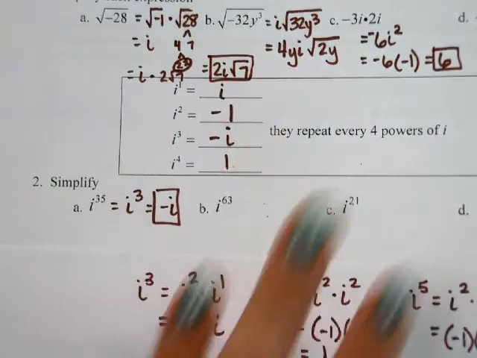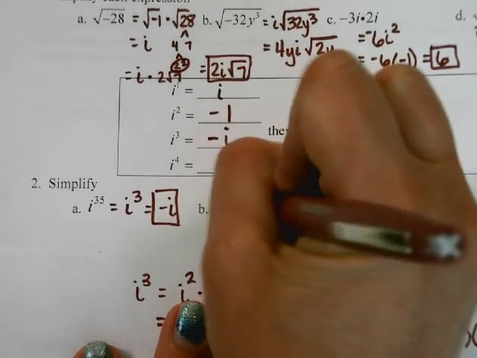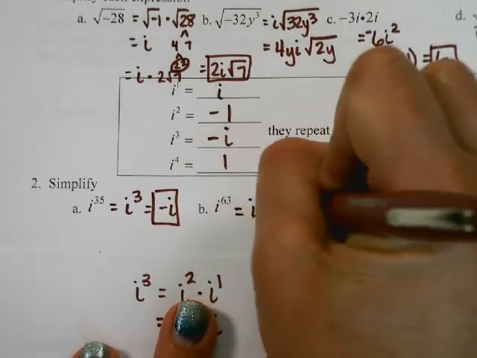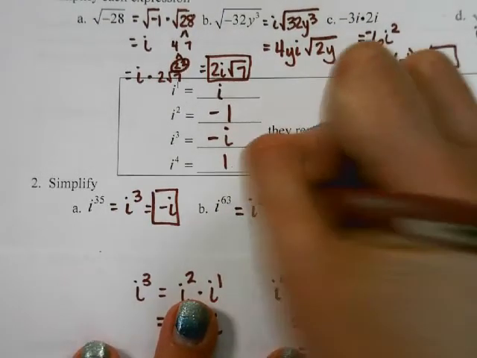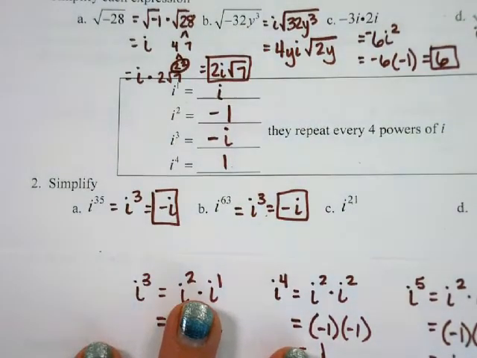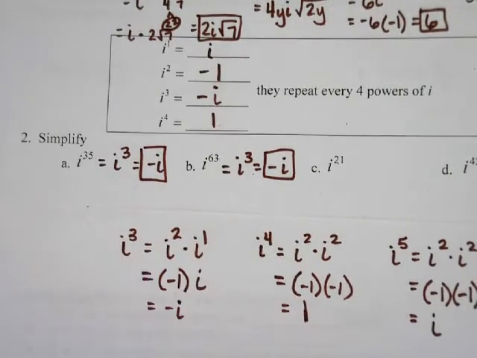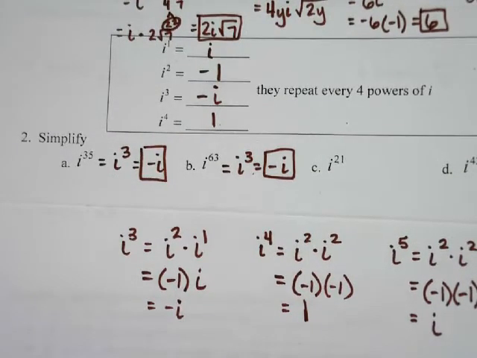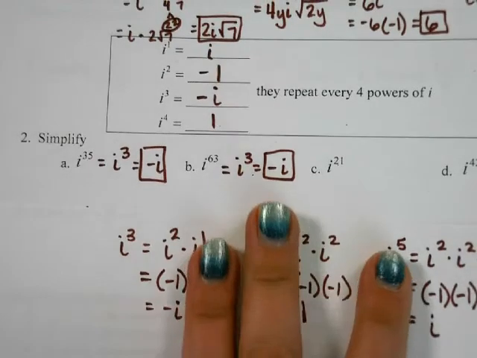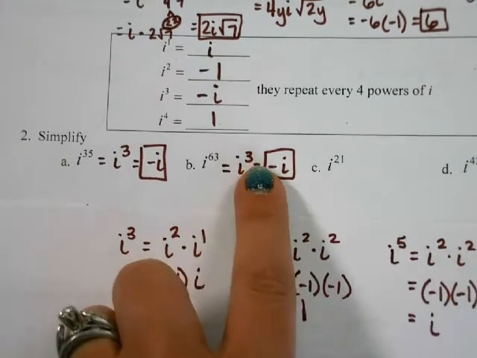So my new exponent is 3, so this guy is also i to the 3rd, or negative i. So the number of times you go backwards or go smaller is your new exponent. Does that make sense? So the difference between 60 and 63 was 3. That's my new exponent.